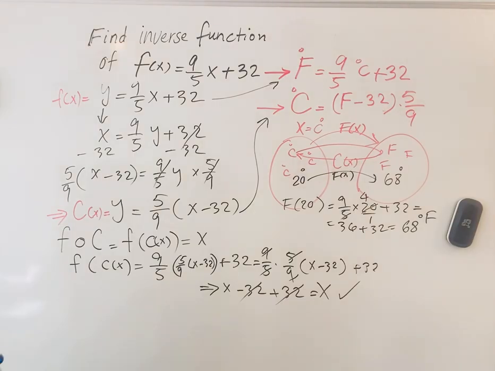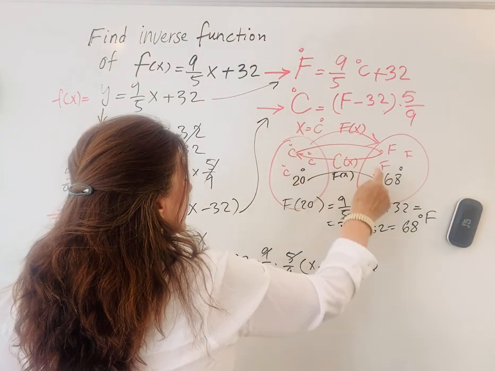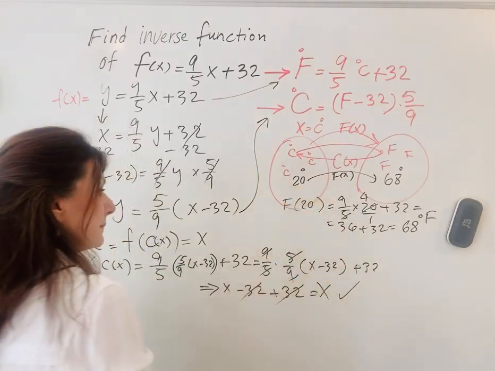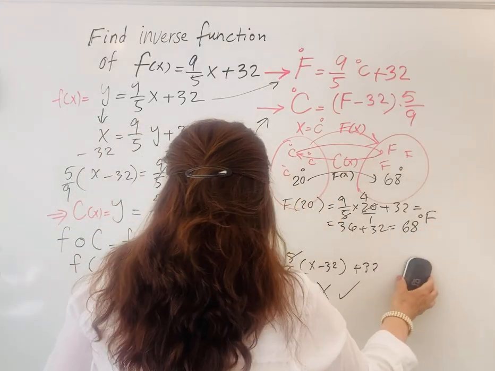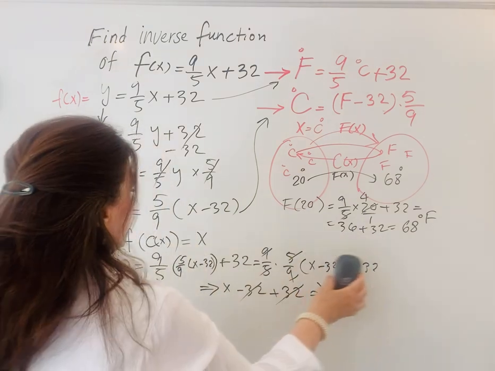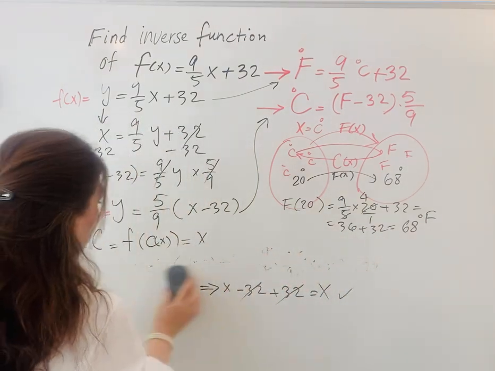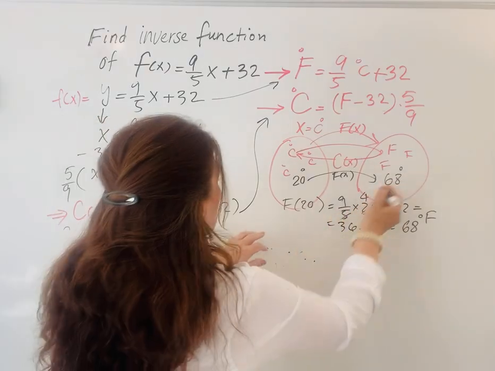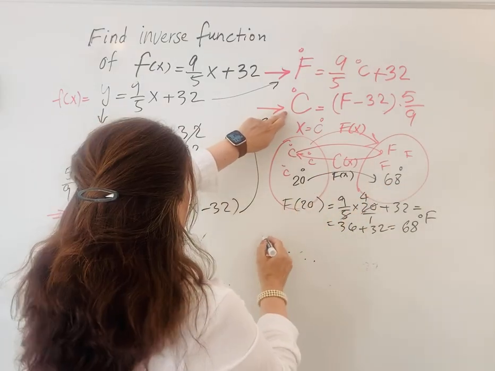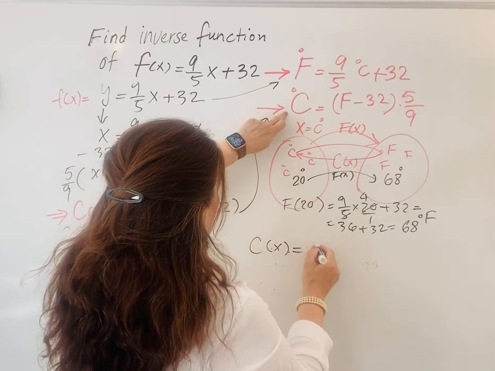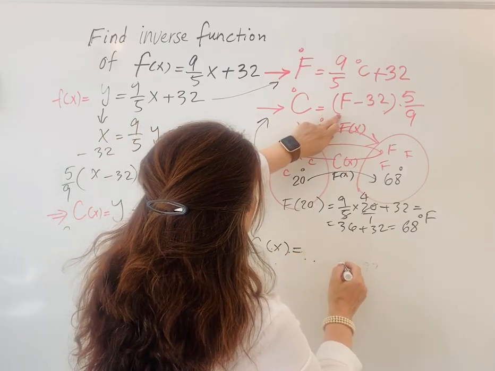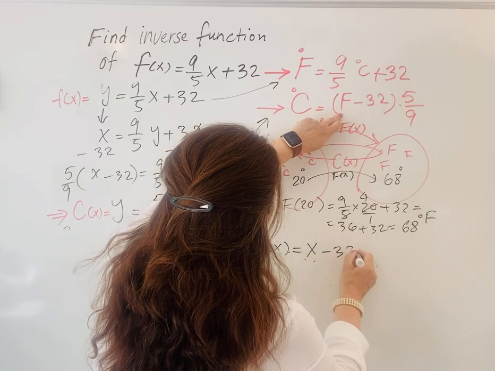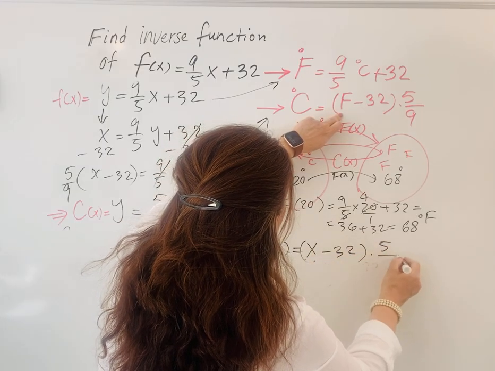Okay. Can we use the other one from Fahrenheit to Celsius? We try. If we use C of x, x here is the Fahrenheit: x minus 32 times 5 over 9.